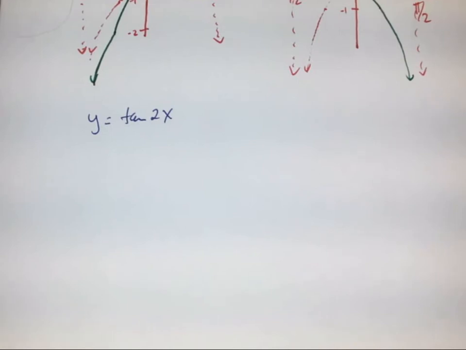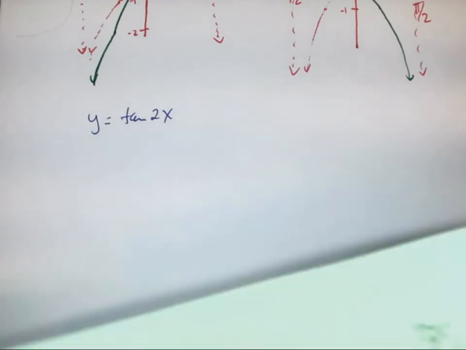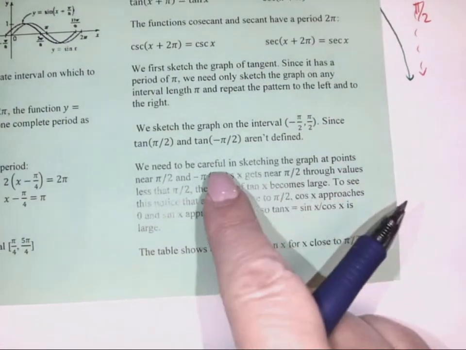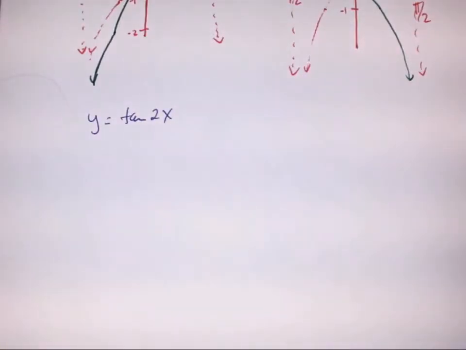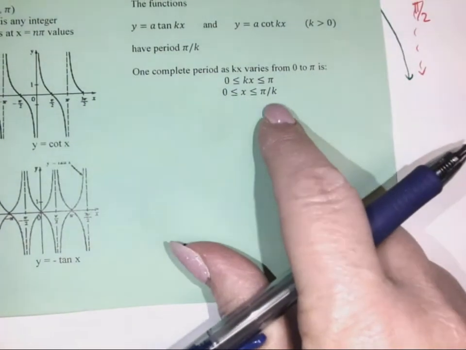So our period, again, is pi over k, right? Or, sorry, yeah, pi over 2k. Let's go back in. We talked about the period. So our period is pi over 2. Oh, here it is. Yeah, pi over k. Here it is, pi over k.